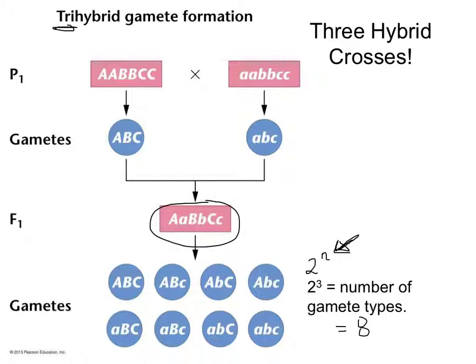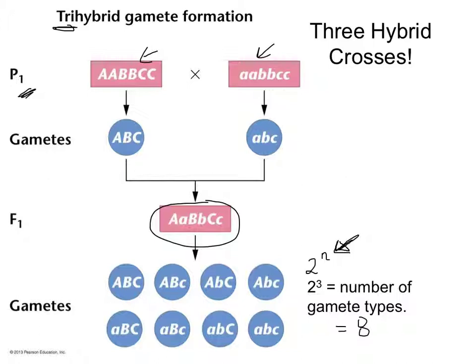So Mendel did trihybrid crosses and even more complex crosses. He would have started a trihybrid cross with the parental generation potentially like this, where all of the organisms are homozygous. Now, I want to make a point here that you don't always have to have all dominant and all recessive as shown here.